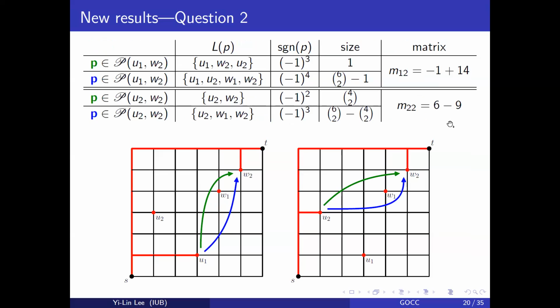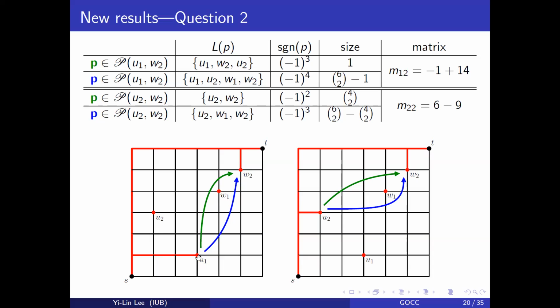Okay, let's look at another 2 entries. It's a little bit complicated. So for paths going from U1 to W2, there are 2 cases. The first case is illustrated in this green path. In this situation, W1 is not on the left side of this path, and there's only one way to do that.